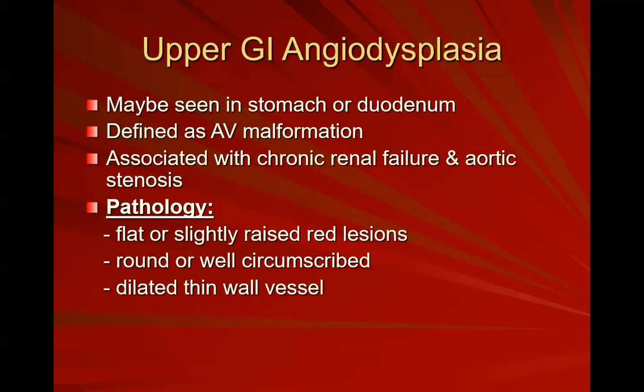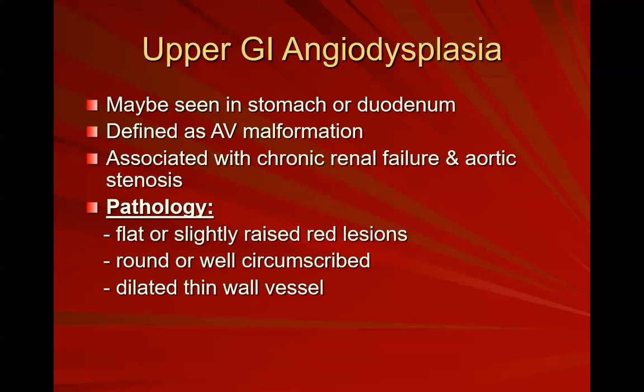Next is angiodysplasia. When we say angiodysplasia, what kind of patient population would you consider? It would be elderly, and especially it's associated with chronic renal disease or aortic stenosis.